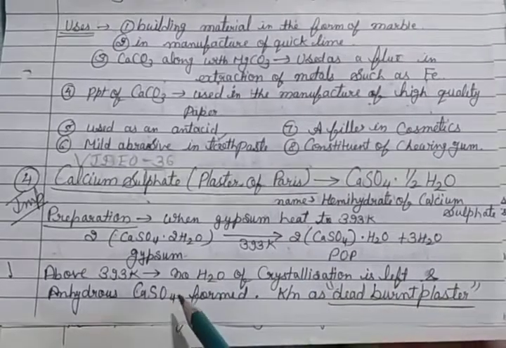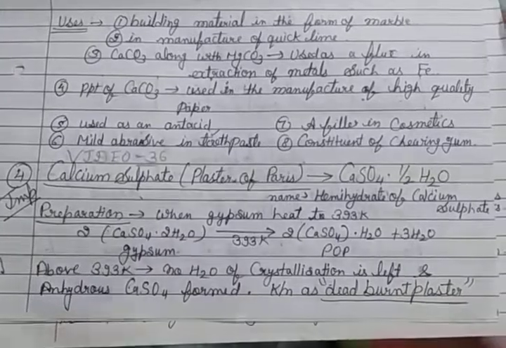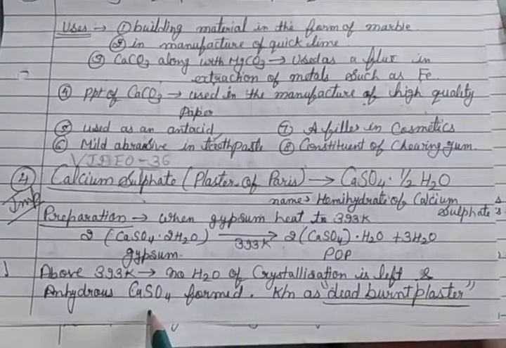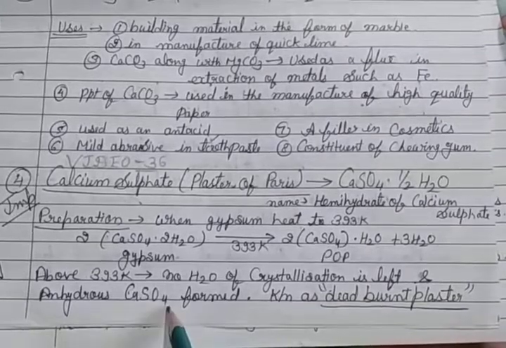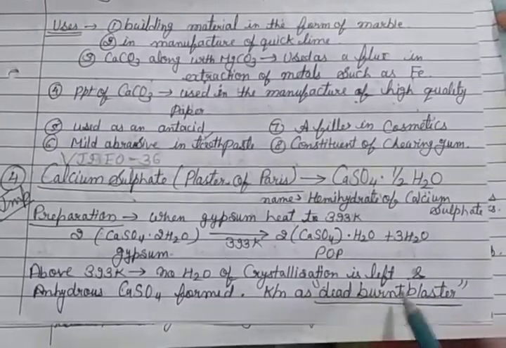Above 393 Kelvin, no water of crystallization is left and anhydrous calcium sulfate is formed, known as dead burnt plaster.